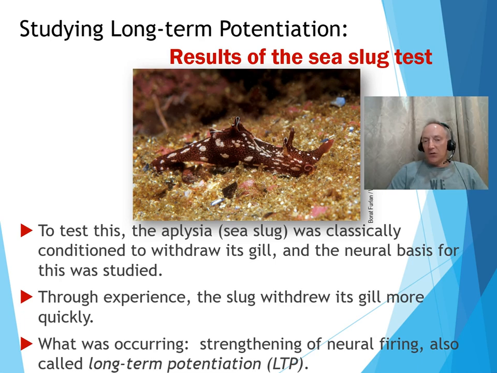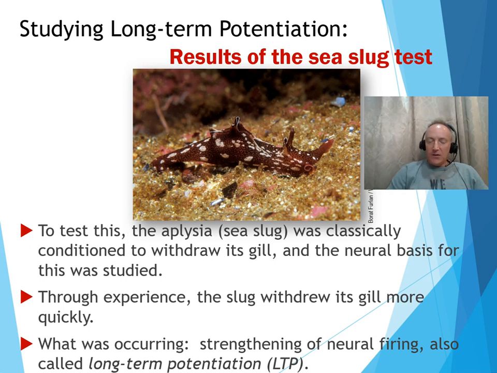They have learned to anticipate that a squirt of water means a passage of an electrical current is about to come. And then they looked at what went on in the sea slug's brain as a result of that learning.